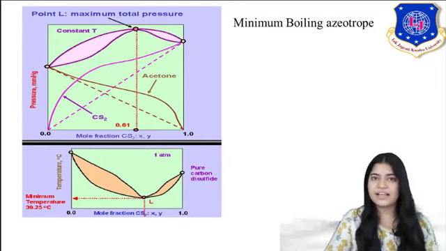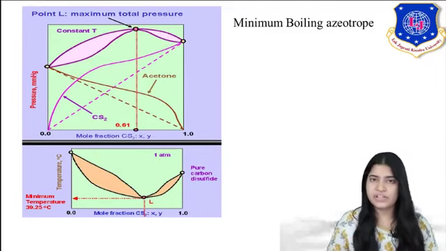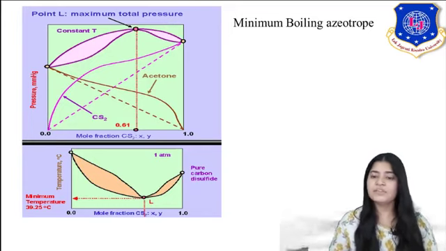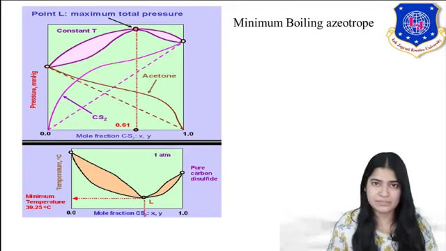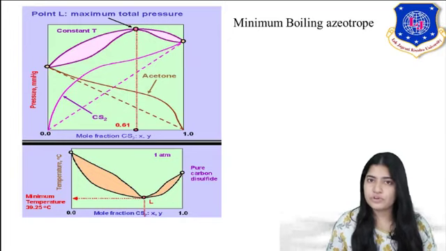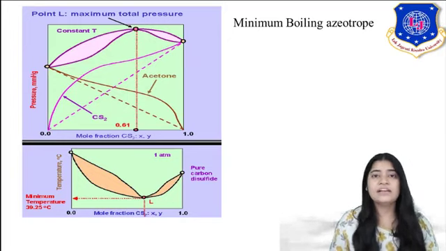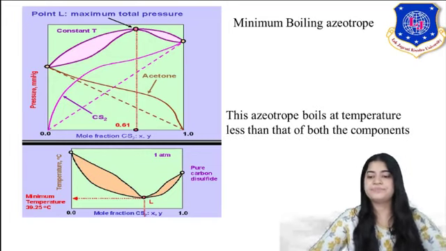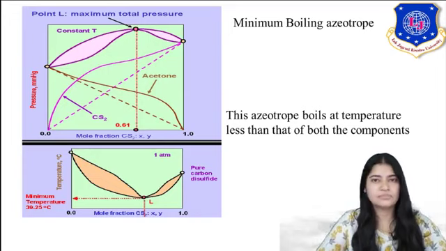So I can say that for a positive deviation, a non-ideal condition, when gamma is more than 1, the vapor pressure of the solution would be maximum and the boiling temperature would be minimum. Hence, it is an example of a minimum boiling azeotrope. This azeotrope boils at a temperature less than that of both the components.